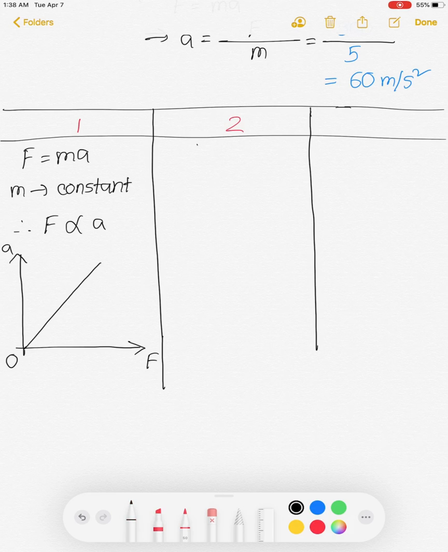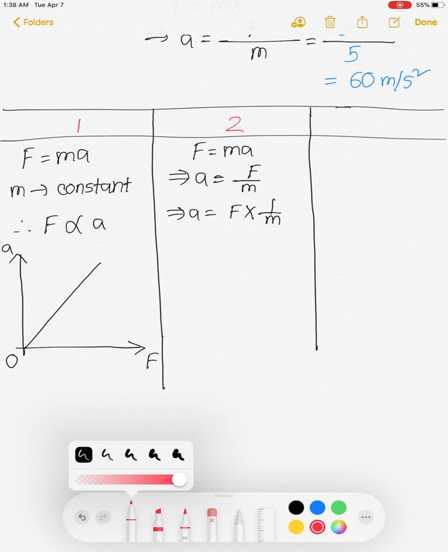Now for the second column, F equals ma, okay? Now if we keep the force constant, first of all let's make acceleration the subject of the equation. Acceleration is equal to unbalanced force by mass, so acceleration is equal to F times 1 by mass.